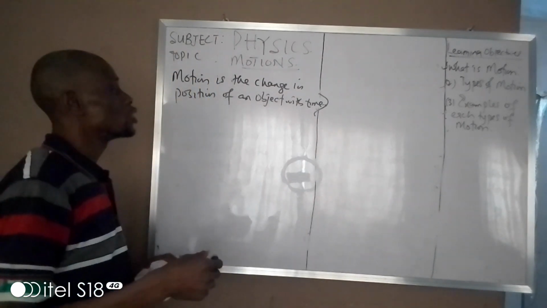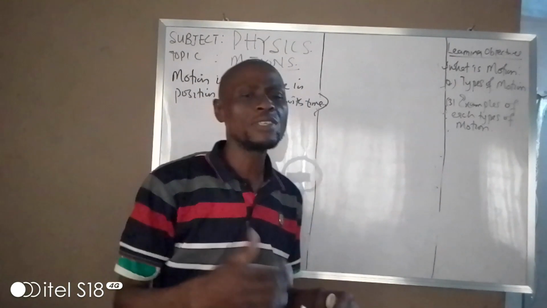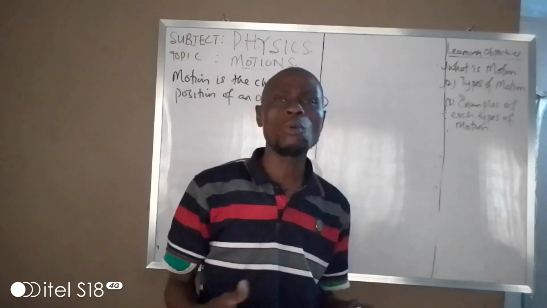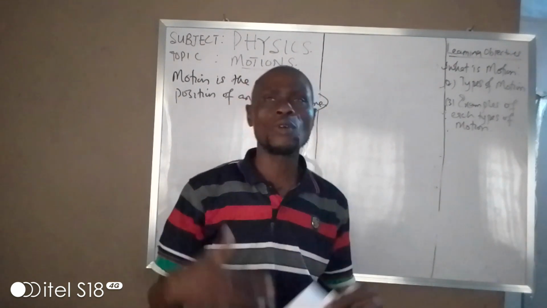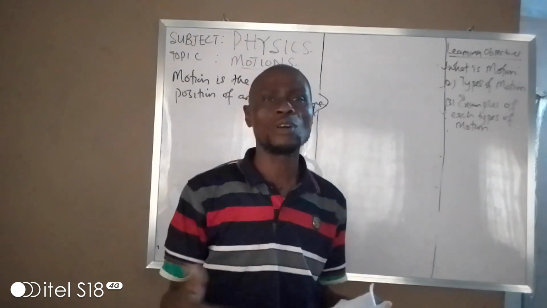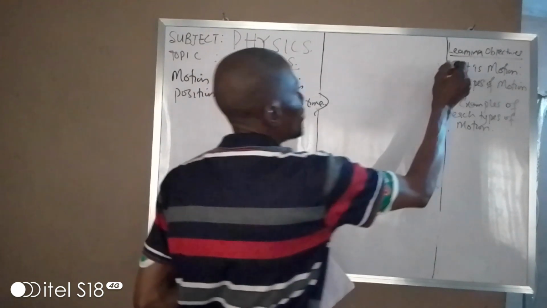So a change in the position of an object with time is called motion. And what normally brings about this motion is called force. Force is something that brings about motion. That's another topic for another day. We are going to look at force in the near future. So having defined what motion is, let us now look at types of motion.